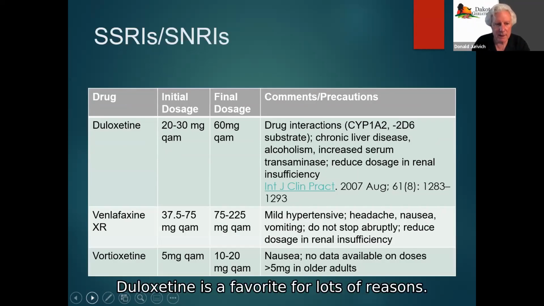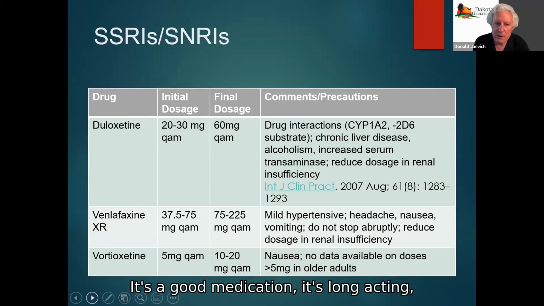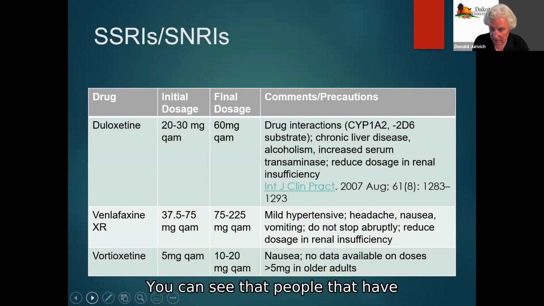Duloxetine is a favorite for a lot of reasons. It's used for pain syndromes, paresthesias, and it's a good medication. It's long acting, but you've got to be careful with it, right? So you start at a low dose. You can see that for people with a strong alcohol history, it may be an issue because the medication is processed by the liver.